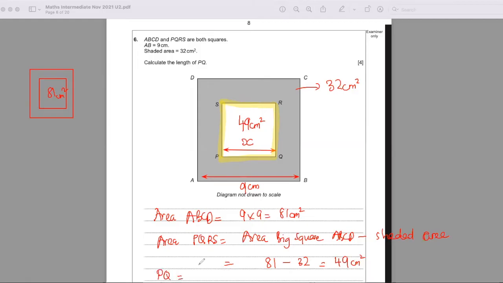Remember, the area is X times X, or PQ times PQ. If you don't want to use algebra, that is X squared, and that equals 49. So your X, which is your PQ, has to be the square root of 49. Not 49 divided by 4, not 49 divided by 2, but you're going backwards to see which number, when you square it, gets 49, which is 7 centimeters.